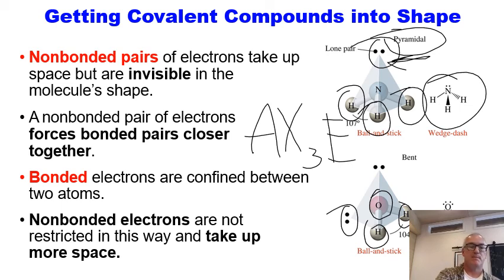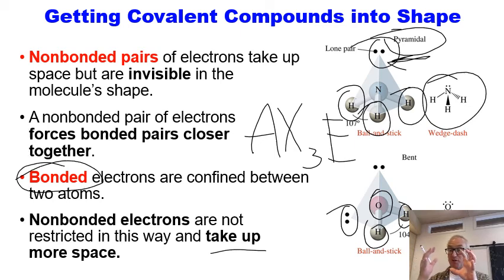Okay? So bonded electrons are confined between those 2 atoms, but non-bonded electrons aren't, and they take up more space. And they're more negative because they don't have a positively charged nucleus on the other end of them. So they take up more space and they push away atoms better than other atoms do. So you can see that in the difference of the angles.